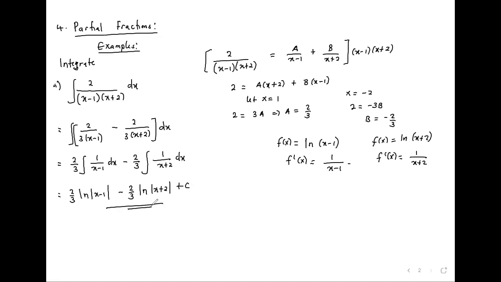So we go back in reverse. When integrating, you're looking for the function whose derivative is what you're integrating. So since our derivative is 1 over x minus 1, the integral should be ln x minus 1.